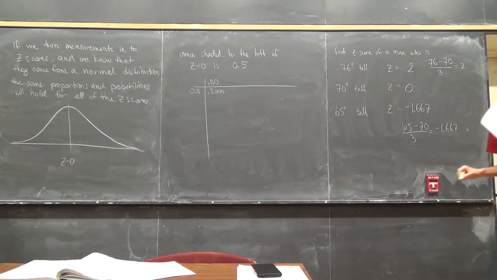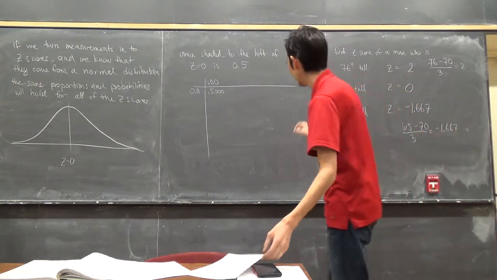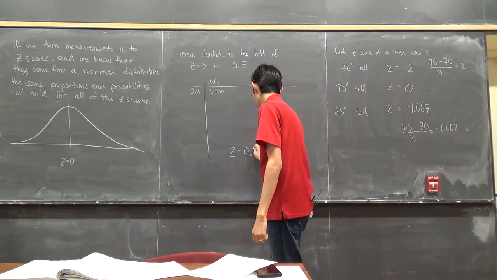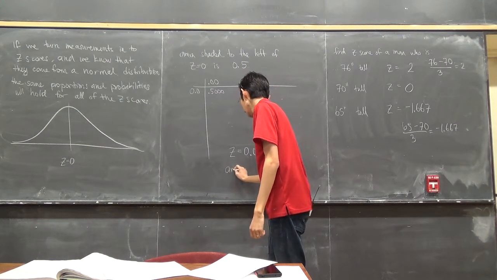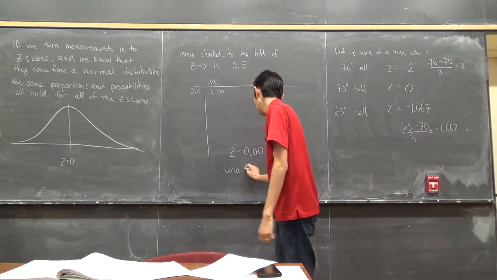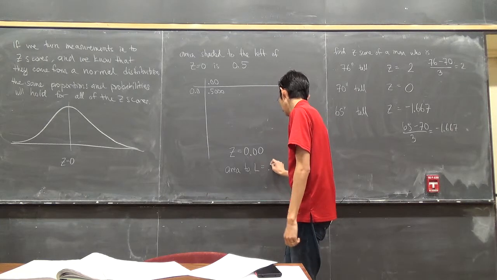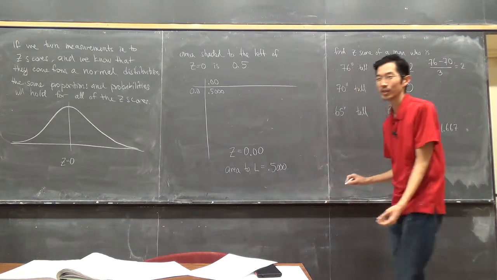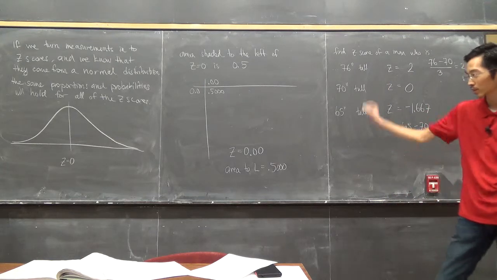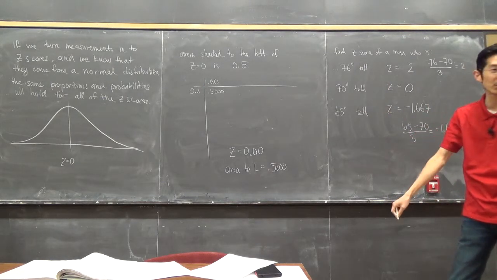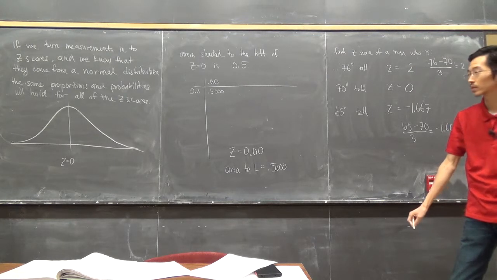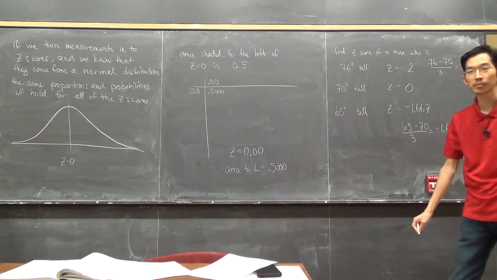And what that means is that if z is equal to 0.00, the area to the left of 0.00 is equal to 0.5000, or basically 0.5. So z equal to 0, the area to the left is 0.5. Is that okay?